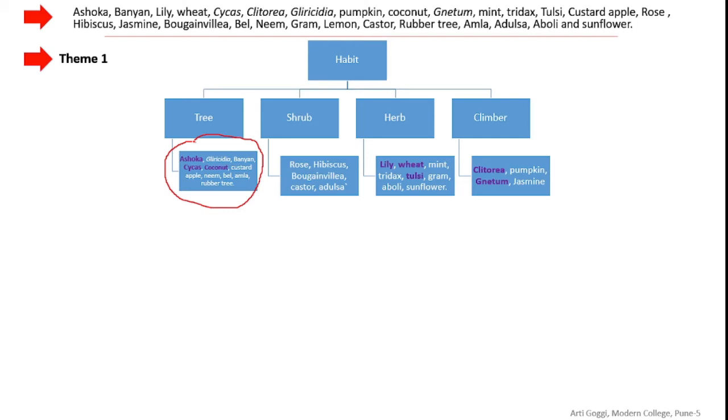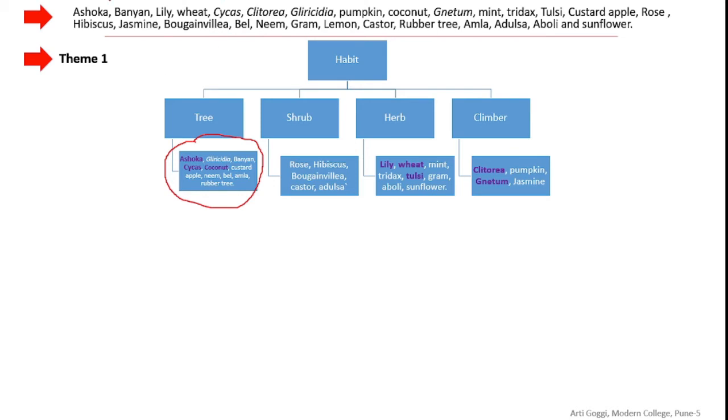Now you can think why it is not accepted. The very simple answer is, how can I include coconut along with Ashoka tree? I have included a monocot with a dicot, and I have also included cycas with the other angiosperms. So gymnosperms and angiosperms are brought under one umbrella, which is not acceptable.